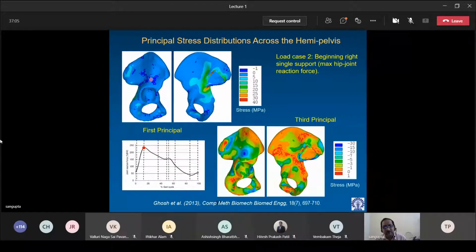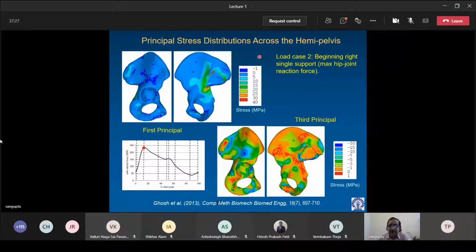Both views, both sides. And the third principal stress distribution. So we can have anything and everything once we have the analysis done, and you can believe in the results of the model.